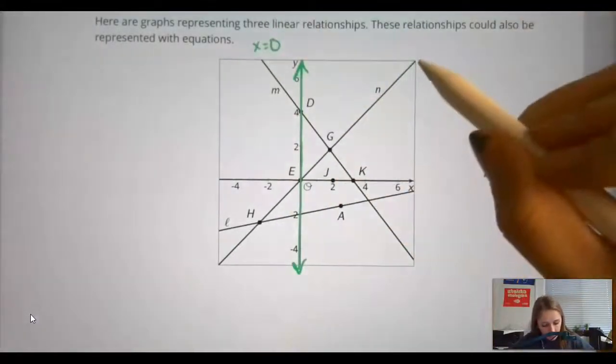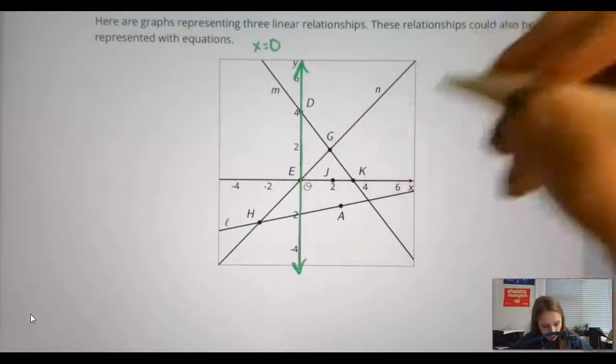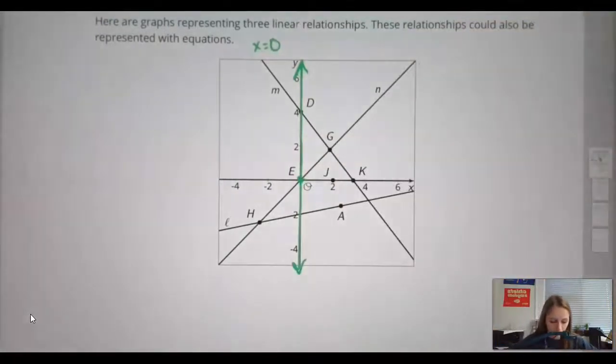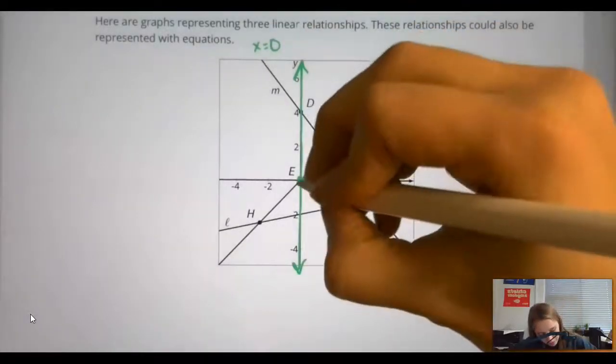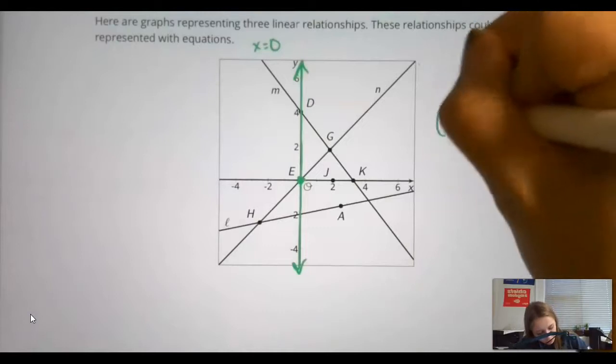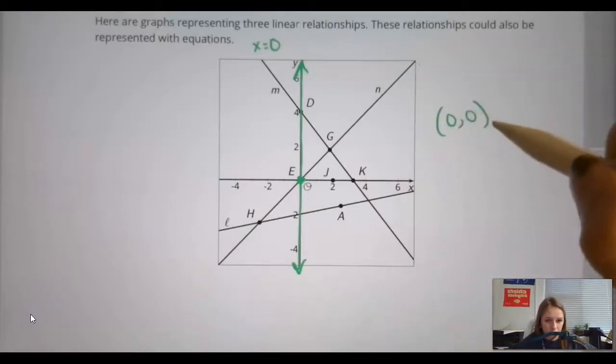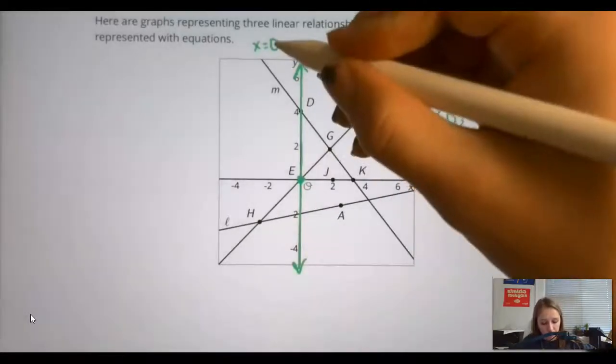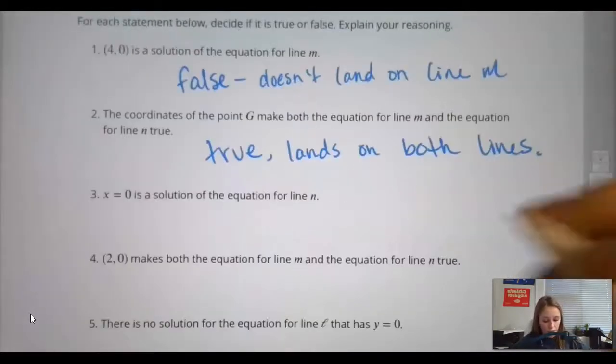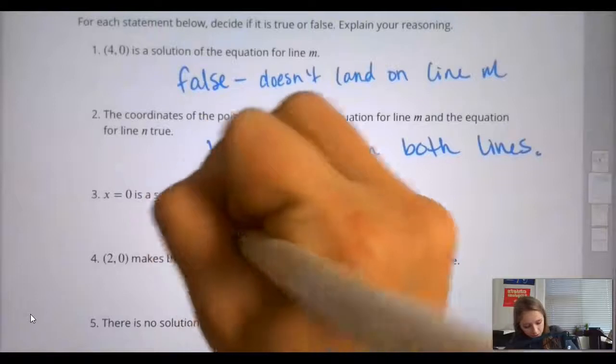Alright, so if I look at line N, it does cross through that line at that point. But at this point, our coordinates would actually be 0, 0. So this one's a bit tricky, but the solution right here, that point that lands on the line, would be 0, 0. It would not be just x equals 0. And so this would be false.